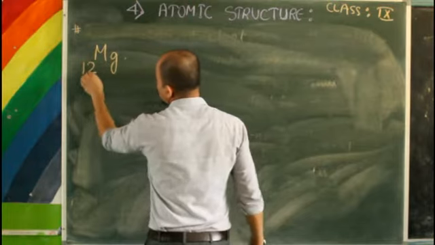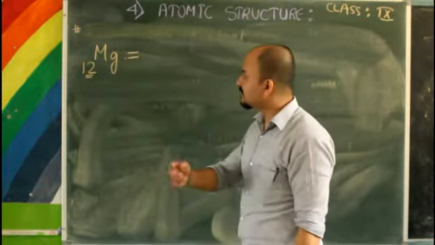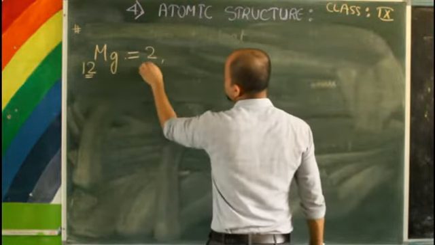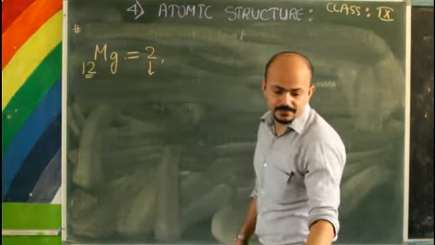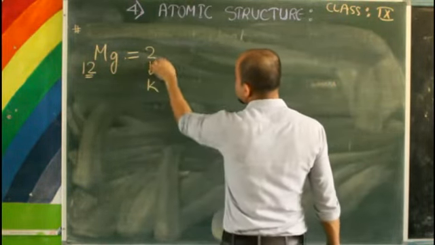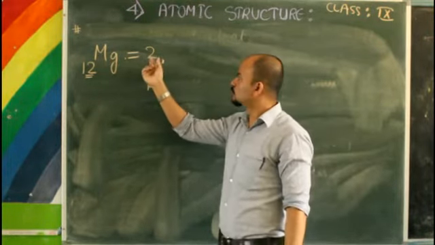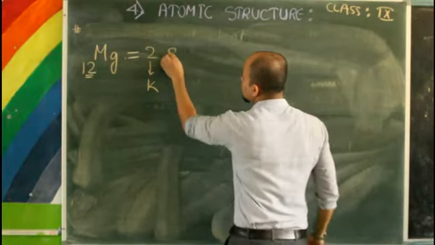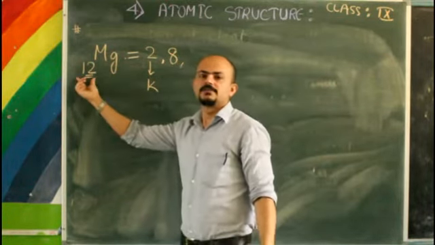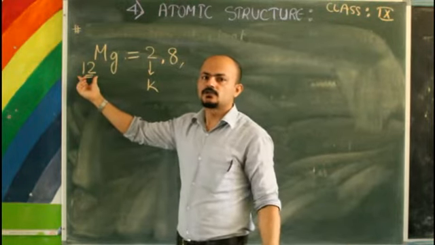So now these 12 electrons have to be arranged according to the cells. The first innermost cell will have a maximum of 2 electrons. This is your K cell. Please don't forget, this is the K cell. Now the next cell will have a maximum of how many electrons? 8 electrons. So 2 plus 8 will be 10 electrons. Now in magnesium, the atomic number gives you the number of electrons. Here how many electrons are present? 12.